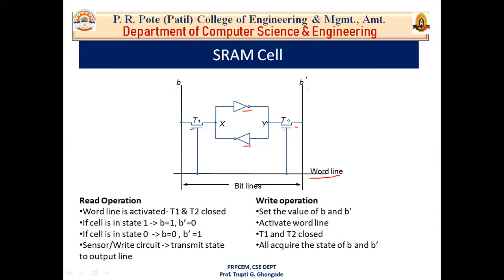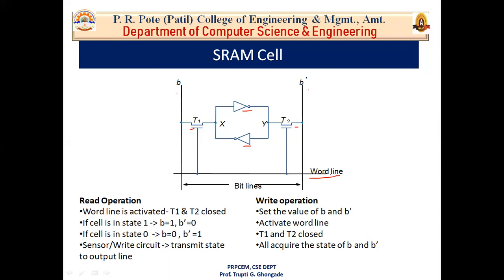Transistors being closed means that the transistors are turned on. Don't confuse these two words: closed means they are in the on condition. T1 and T2 act as switches here, and they are controlled by the word line. This word line activates these two switches.